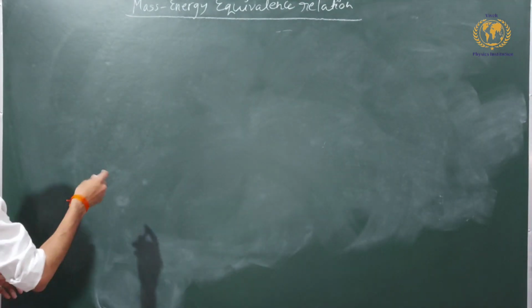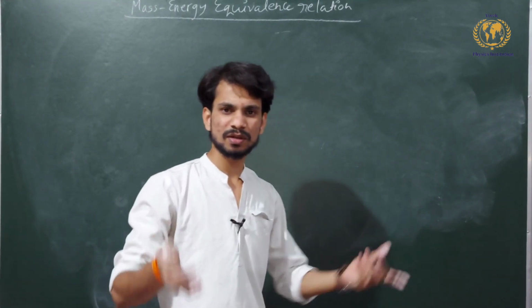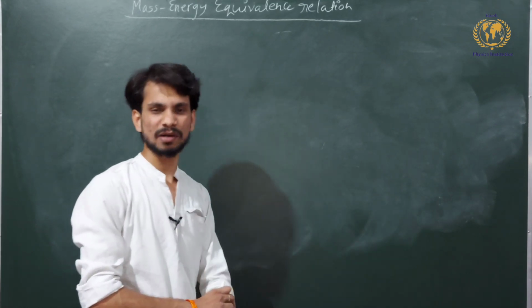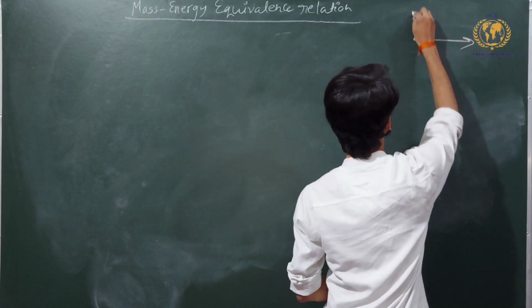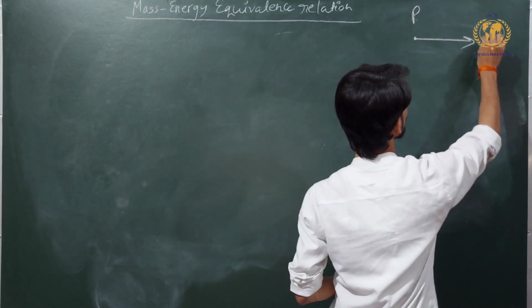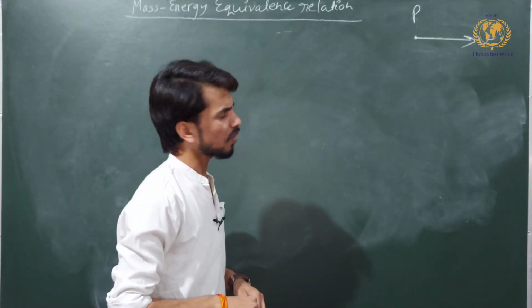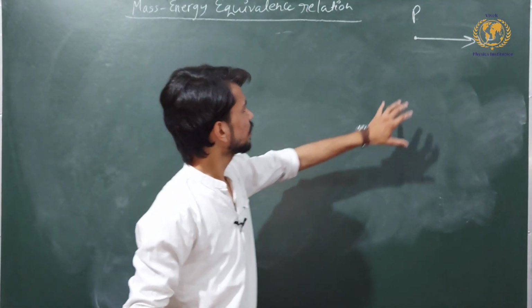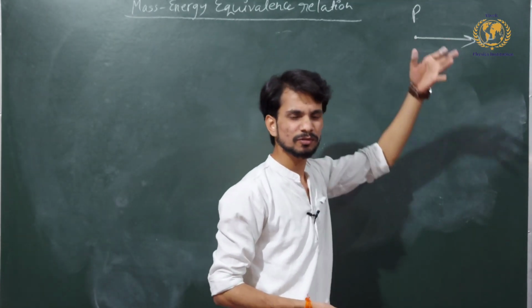For that, let us consider again a particle moving with some constant or variable velocity. Let's say this is a particle P moving with some velocity v. We can also assume that a force acts on this particle P for a while.